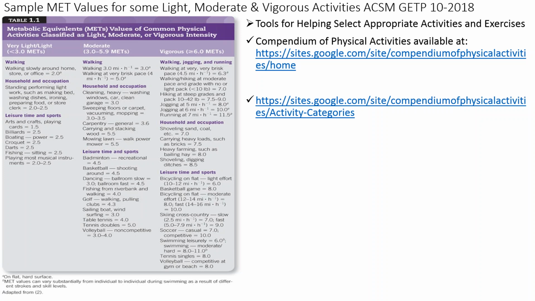And this is a fantastic tool that you can use with a patient like Monica. You can even familiarize her with this and let her start picking and choosing. One point that I think is important to mention here is, as you note, they're categorizing very light and light as being under 3 METs, moderate at 3 to 5.9, and vigorous at or greater than 6 METs.